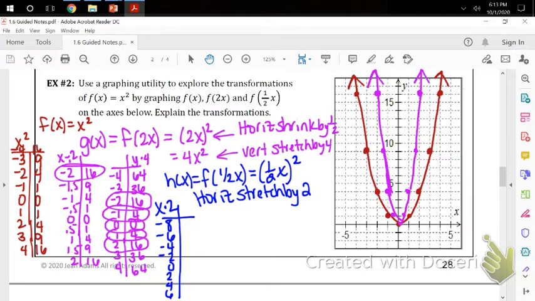And then my y's would stay the same. And then I can plot those points. Well, I can't fit the first one on there, but I can fit the others.